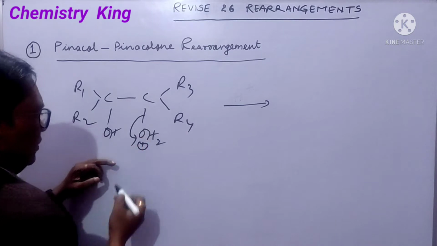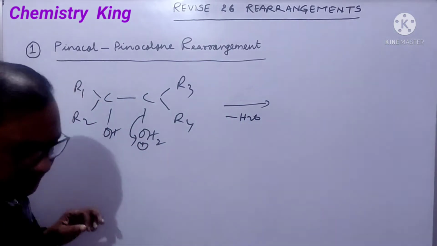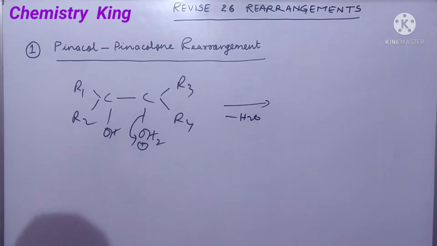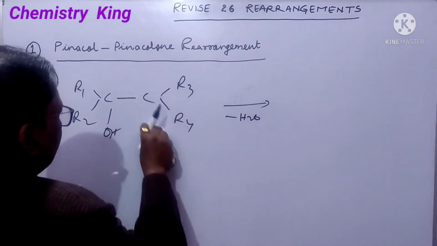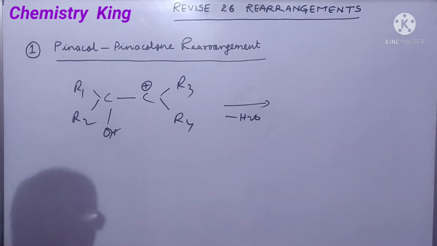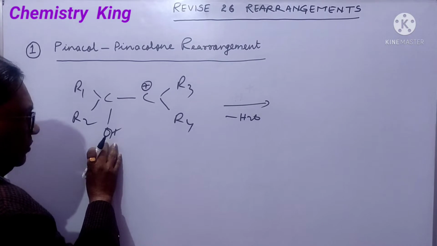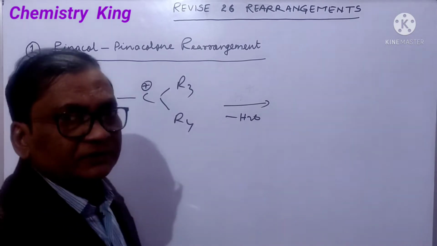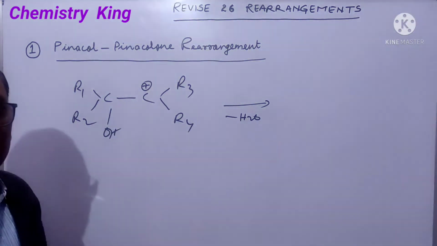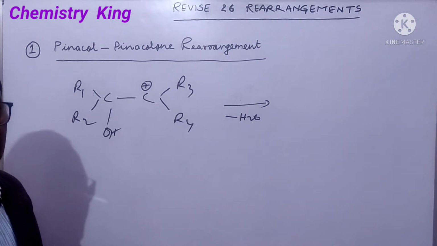And now water will be eliminated from here and it will be carbocation. Now the question arises, which OH is eliminated, whether this or this? You have to solve this question from the stability of carbocation.